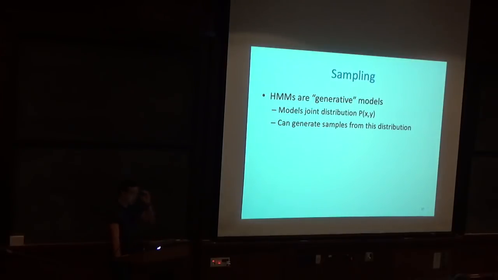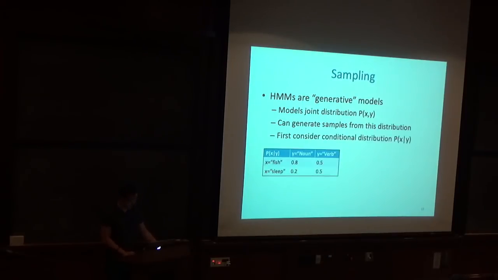Sampling. So HMMs are generative models. They model the joint distribution over all of x comma y. And so as a generative model, we can generate samples from this distribution. First, let's consider a conditional distribution, p of x given y. Given that we commit to a sequence y, which is a sequence of part of speech tags, what is the sequence of x?